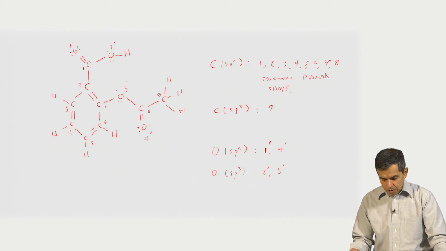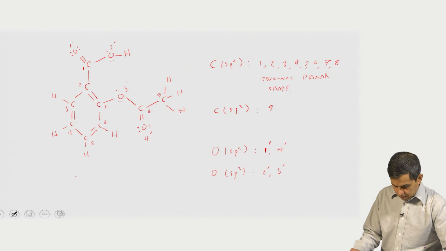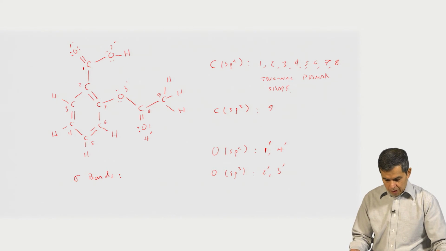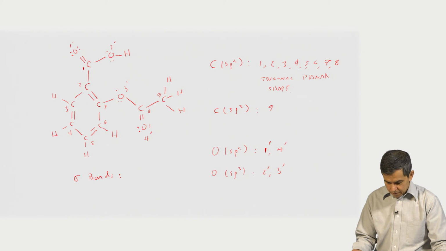Lastly, let's count the number of bonds that we have present in this system. Sigma bonds. I'm going to circle these so that it's easier to figure out which one we are referring to.